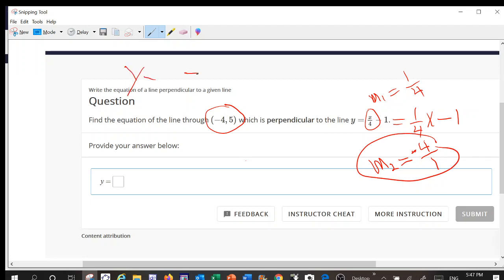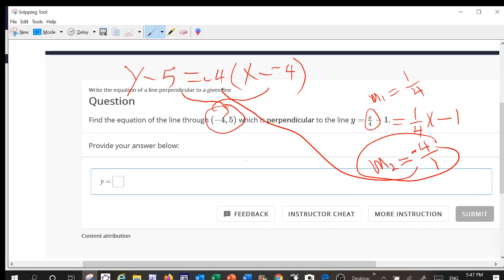y minus something equals m times x minus something. So this 5 right here goes here. This -4 goes there. And this slope goes there. Right? So we have y minus 5 equals -4x.